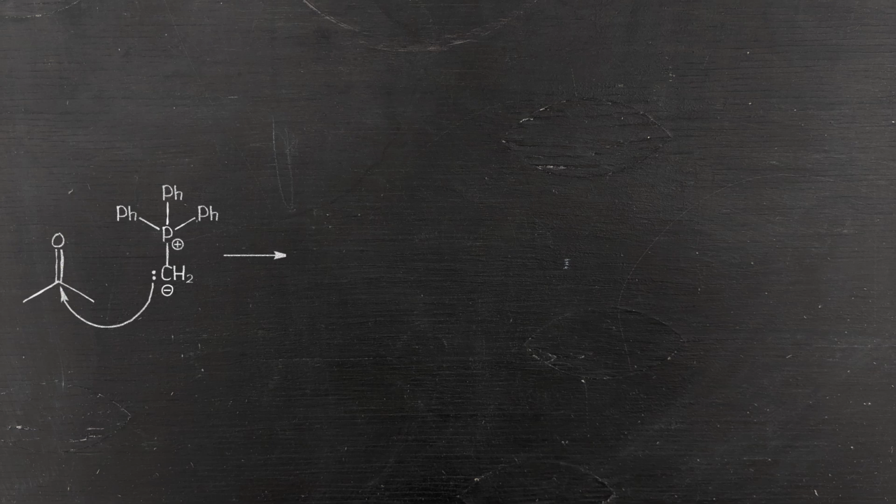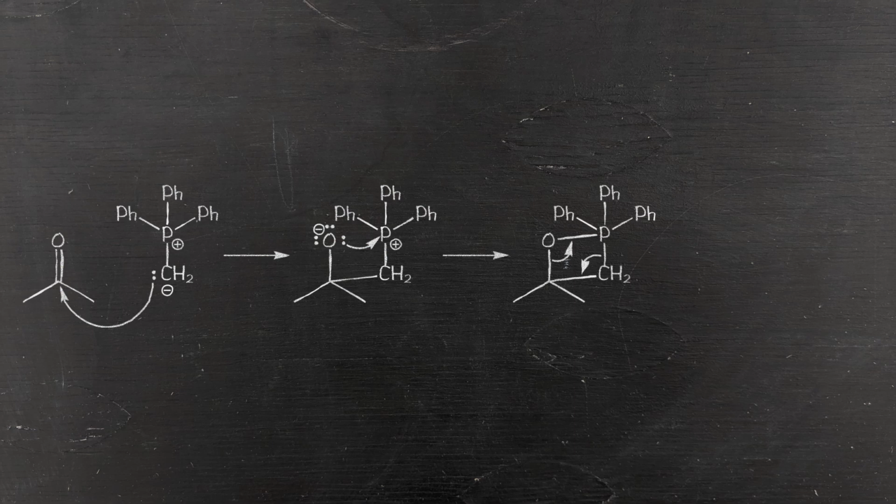The carbon's lone pair can attack the carbon attached to the oxygen, which in turn will attack the phosphorus, forming a square. And then, following a reverse 2+2 cycloaddition, we get our alkene and our phosphine oxide.